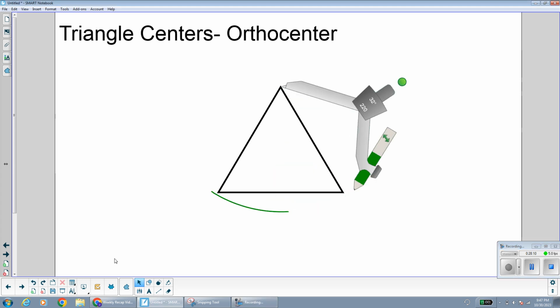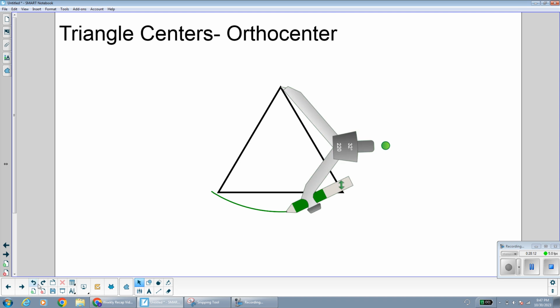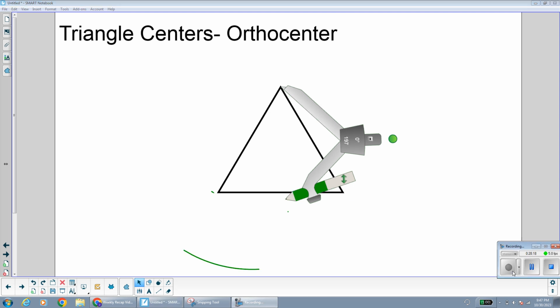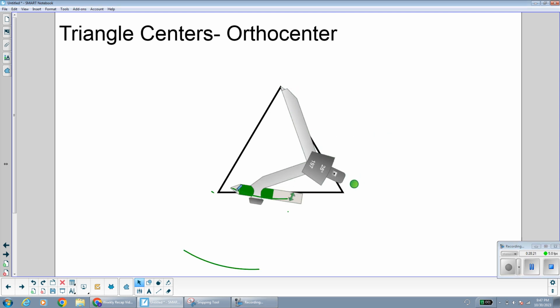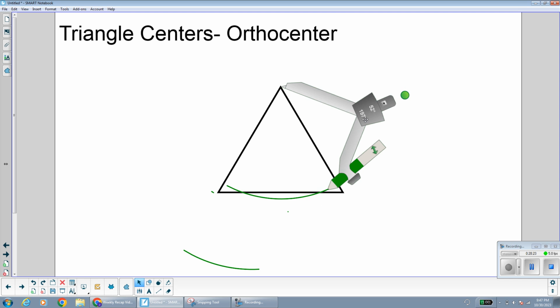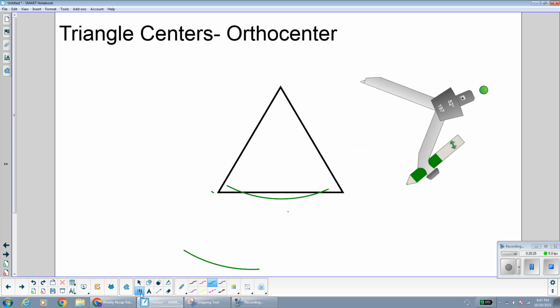Oops, too big. Let me go a little bit smaller. There we go. And now it's all good because our arc intersected the side of the triangle in two different spots.